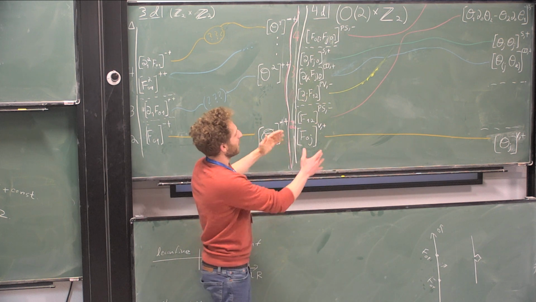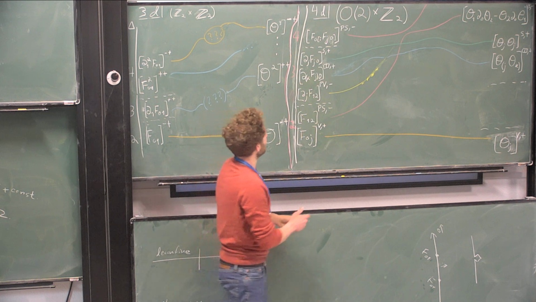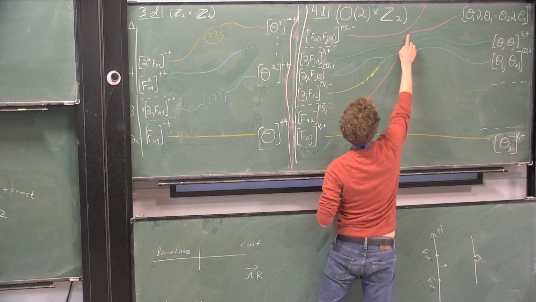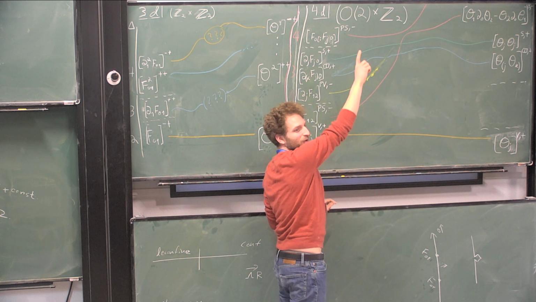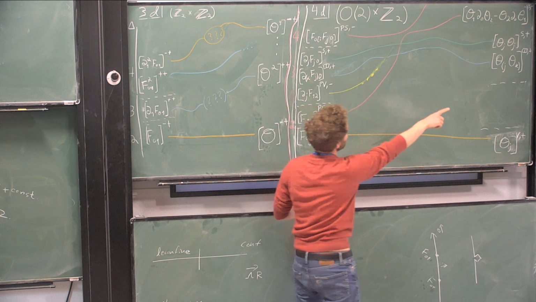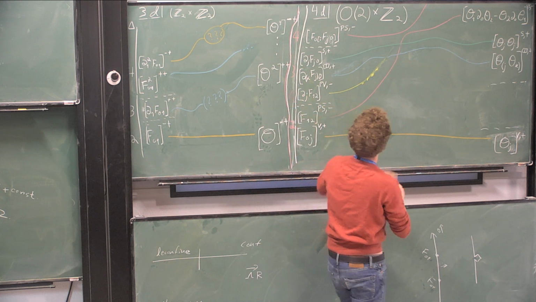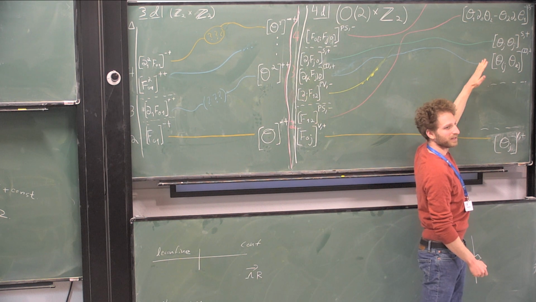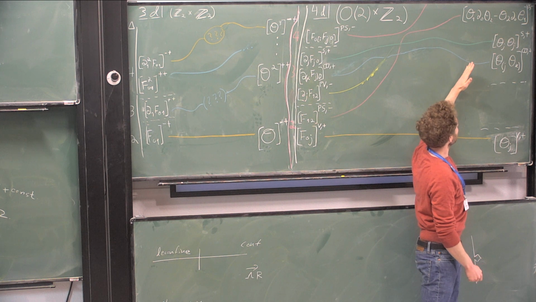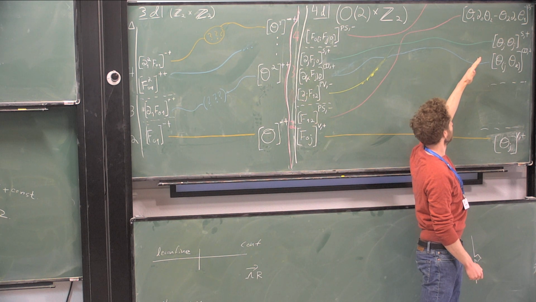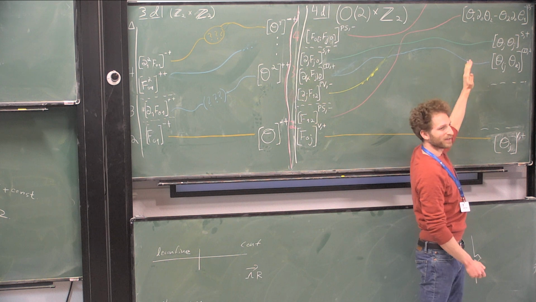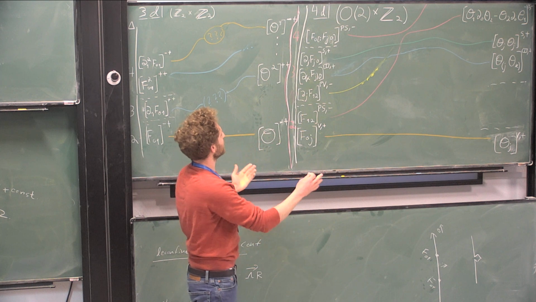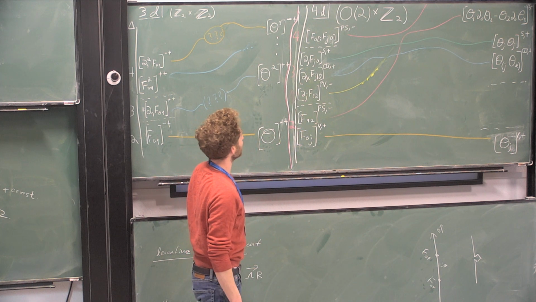And if this picture would be valid, then you'd expect that the line starting from here, extrapolated through many near crossings with other multi-Goldstone states, which from the right side can be interpreted as multi-Goldstone states, should asymptote to a linear curve here for which the slope corresponds to the mass of this axion. So these are different things one might hope to see from this type of picture.